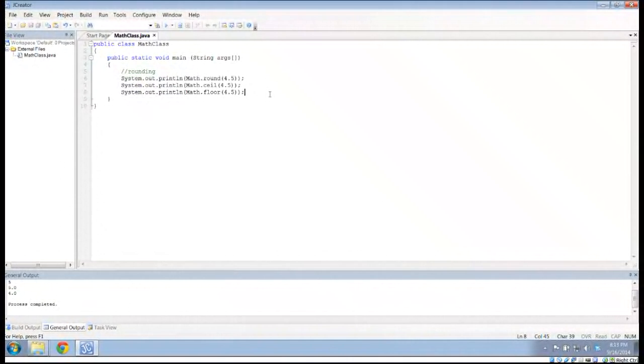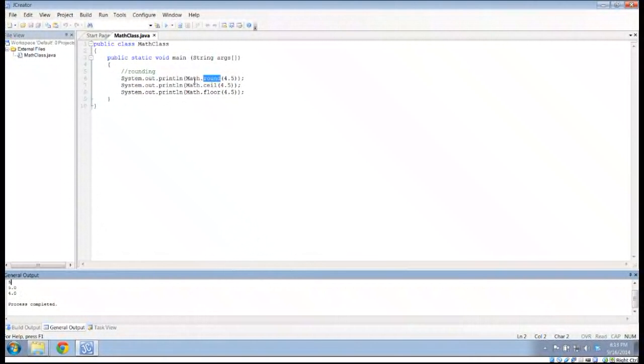Another thing that's very interesting to note is that math.round is actually going to give me an integer result. I get 5. I don't get 5.0. But when I do ceil and floor, I end up with 5.0 and 4.0 respectively.